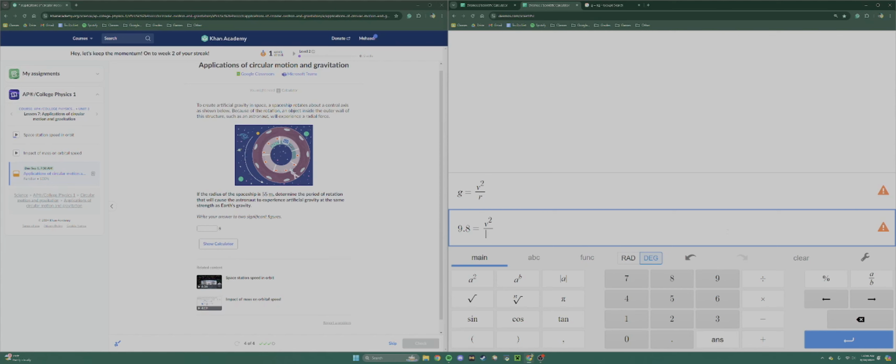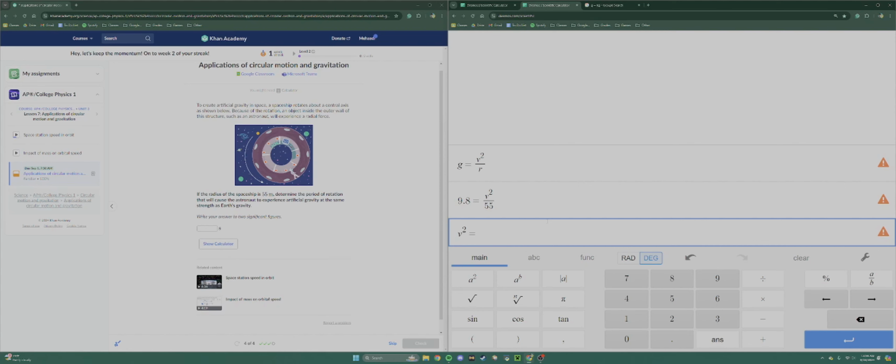We're going to put in our radius, which is 55, because that's what it says. Now we're solving for v, so v squared is equal to 9.8 times 55, and we're going to find the square root of it.